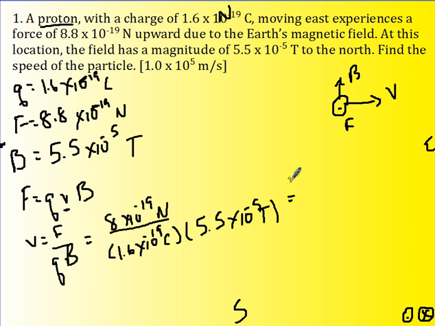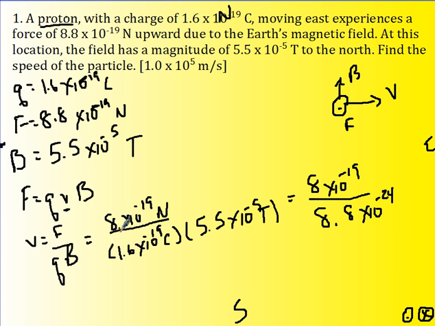Now what I recommend you do is multiply straight across. So I have 8.8 times 10 to the negative 19 divided by, now 1.6 times 10 to the negative 19 times 5.5 times 10 to the negative 5, which is equal to 8.8 times 10 to the negative 24.